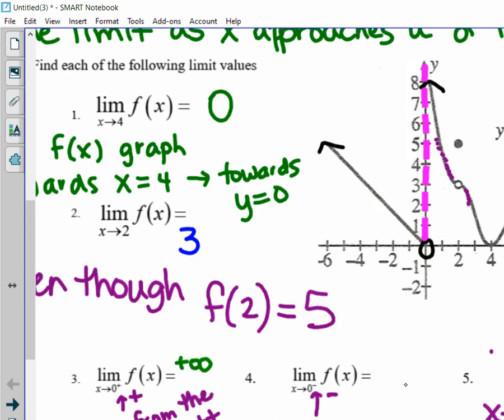All right, what do you think the left limit's going to be? As x approaches 0 from the left side, driving towards x of 0, what's our y? It's 0.